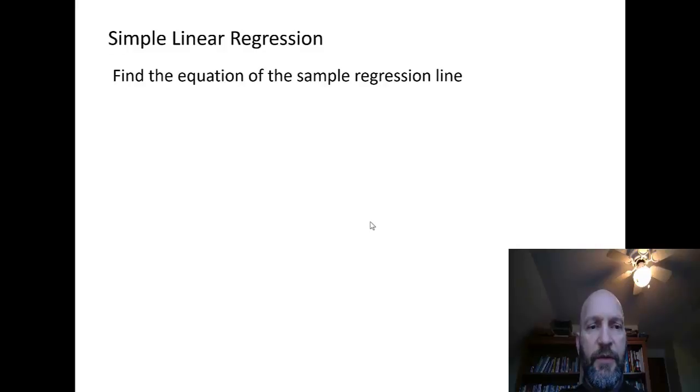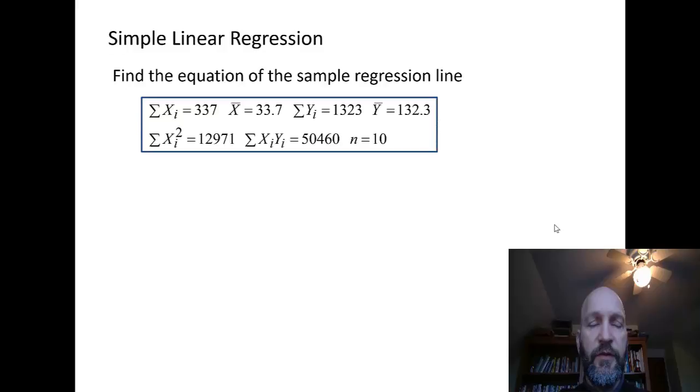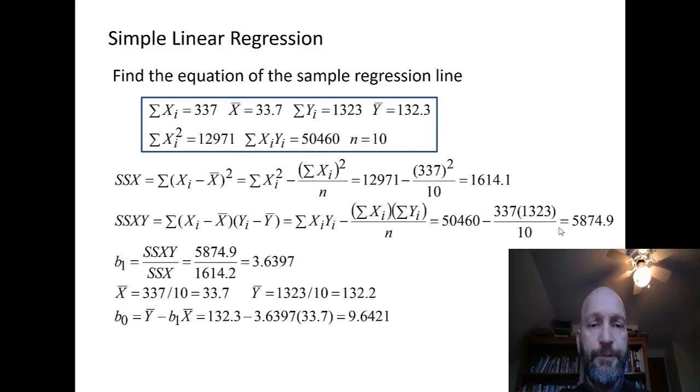So let's plug all these numbers in and get the regression line. Let me just note that I don't ever actually expect you to do this on your own. Even with Excel, it can be kind of messy, and the better thing to do is just to use Minitab or some other software. But here's all of the summary information from the previous slide, and we plug all this stuff in.